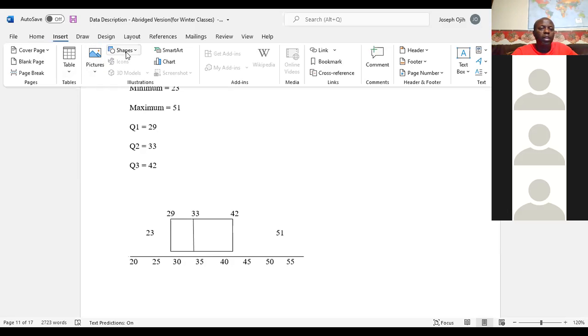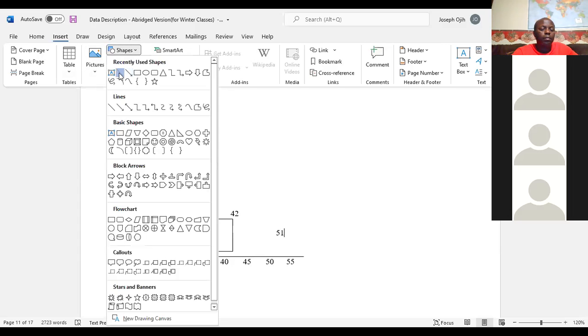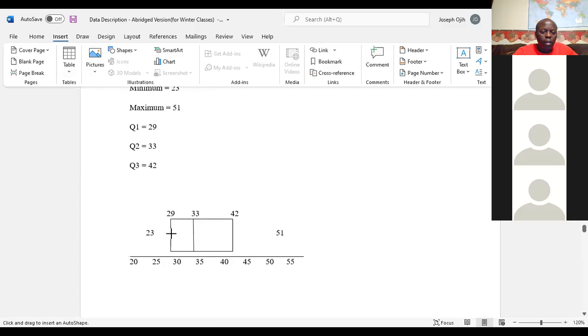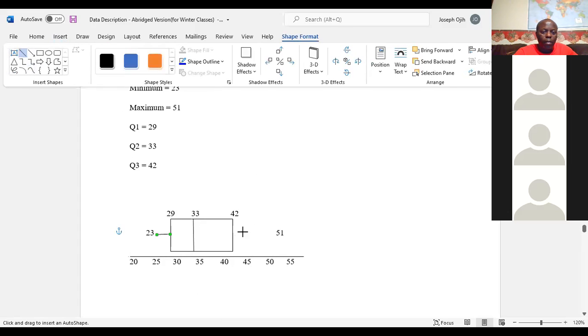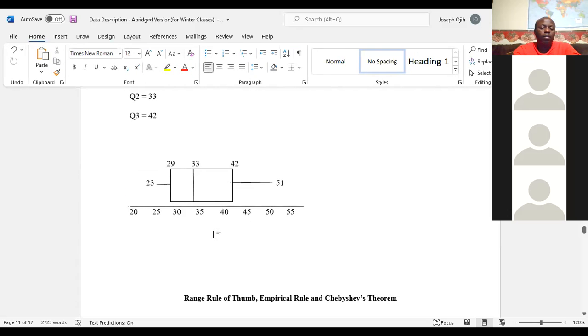Then we can put the whiskers. Okay, that's our box plot right there. So you can see that in the box plot, this part is stretched more. So it is skewed to the right.